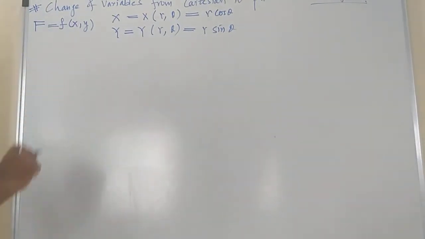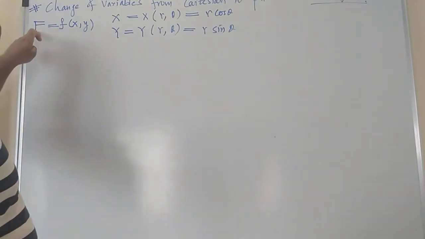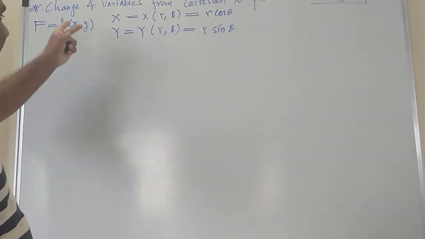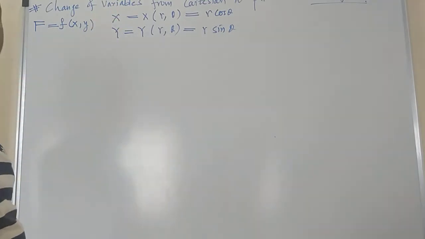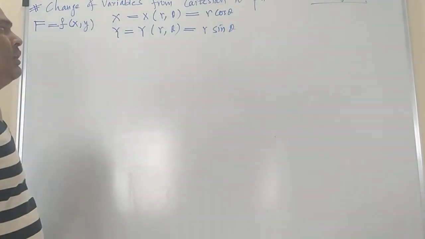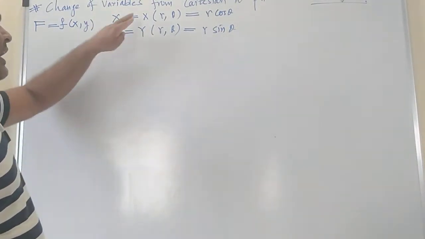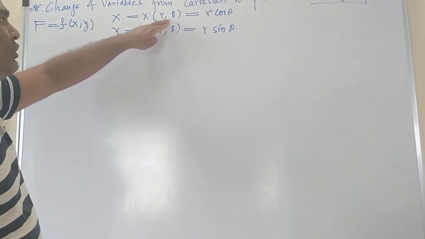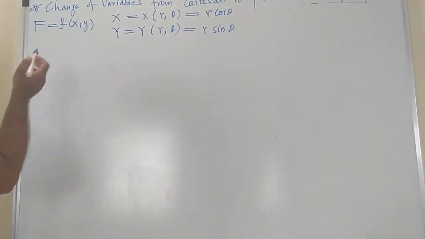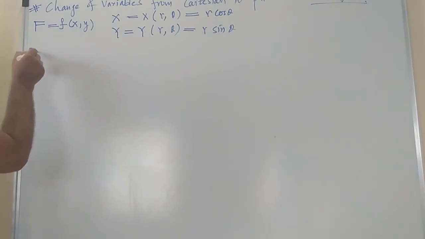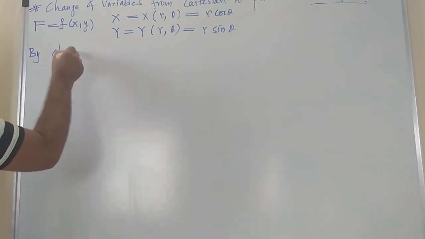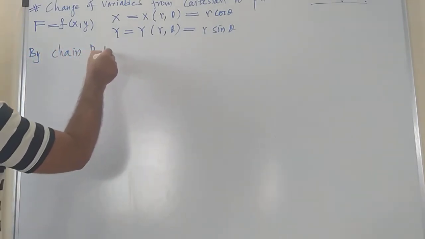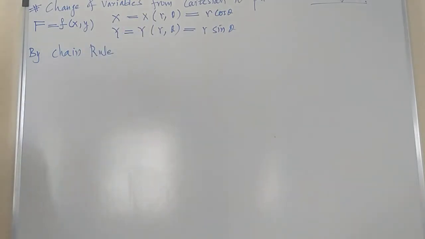Now we have studied the chain rule, and chain rule is used if f is a function of two independent variables and those x and y independent variables are again a function of two or more variables. Here x and y are the variables of two more functions, that is r and theta, and therefore by chain rule, this will give you two formulas.